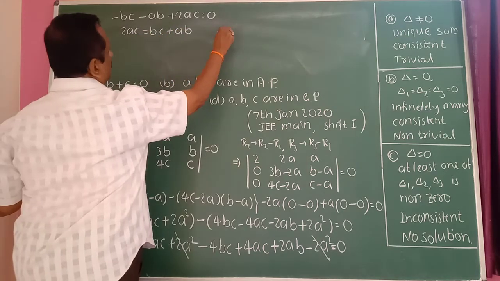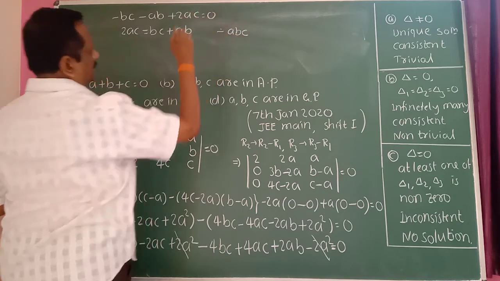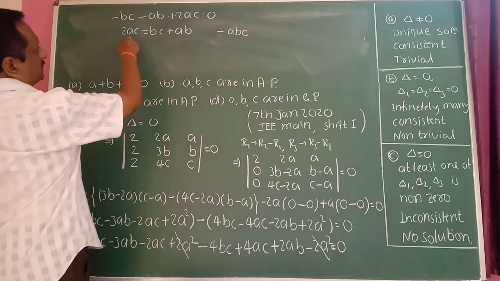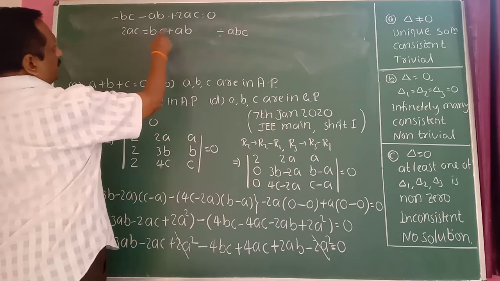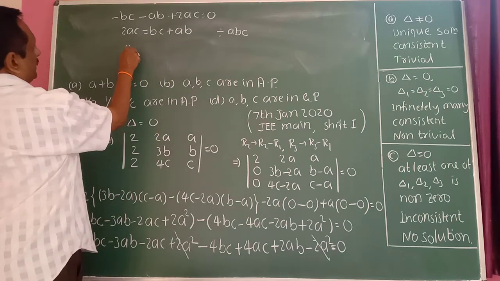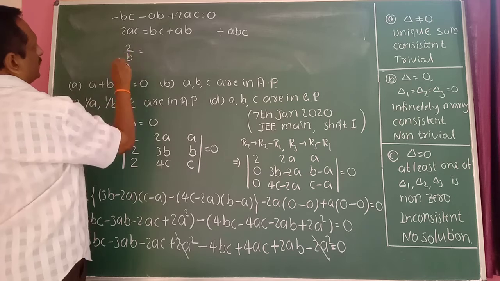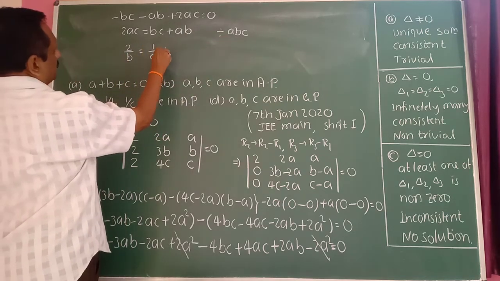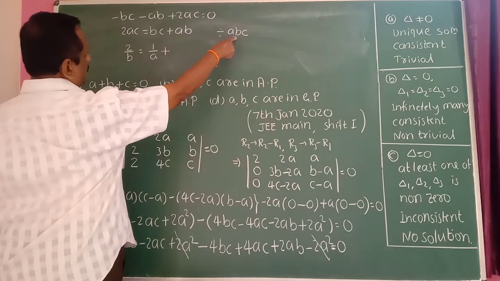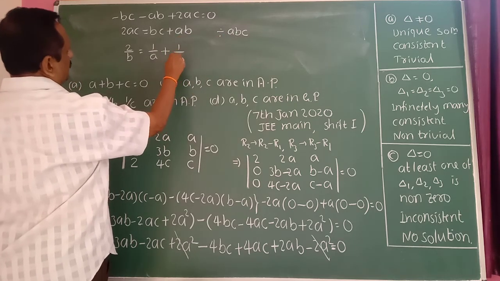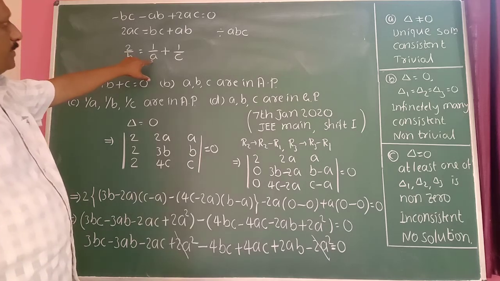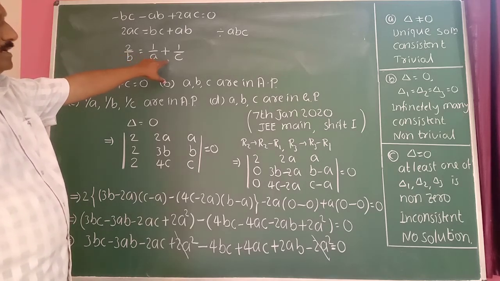Then dividing both sides, each term, by abc here. Hence this upon this here: ac and ac cancel, then remaining is 2 upon b. bc and bc cancel, 1 upon a, plus ab upon ab, ab cancels, 1 divided by c here. So 2 divided by b is equal to 1 upon a plus 1 by c here.